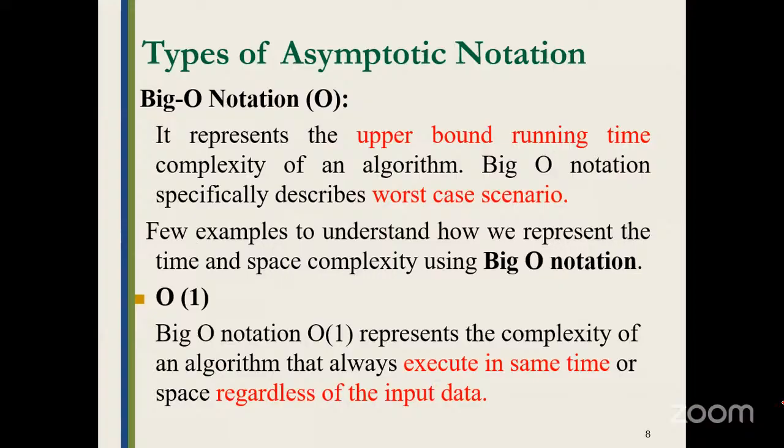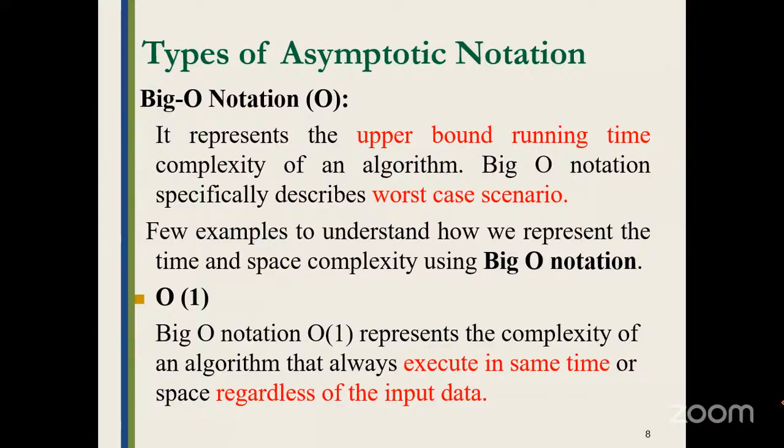First one is big O notation, represented with an uppercase O. It represents the upper bound running time complexity of an algorithm. For example, I have an algorithm.